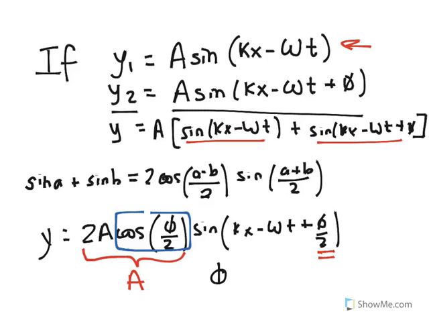For instance, 2 pi over 2 will give me pi. But if phi equals n pi when n is an odd number, for instance the cosine of pi halves, then this will be a destructive interference. There will be no amplitude at all.